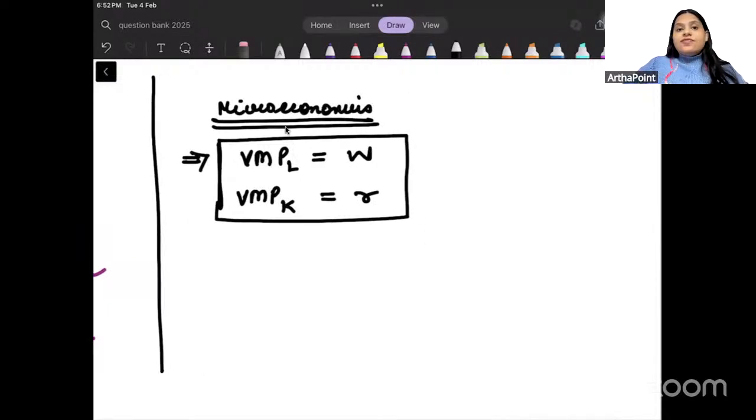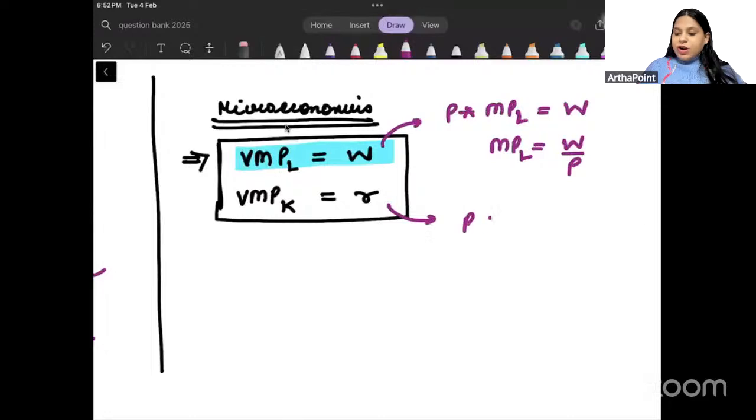And we can go ahead and write it in a different way also. इस चीज को we have written it like this also कि price into marginal product of labor is W, and price into marginal product of capital is equal to R. So marginal product of capital can be R by P. This is for perfect competition.